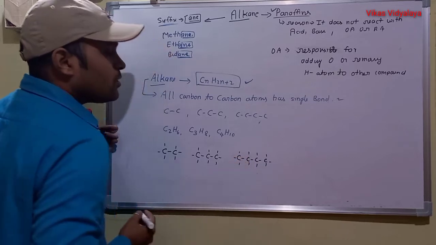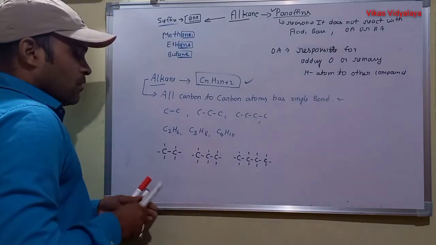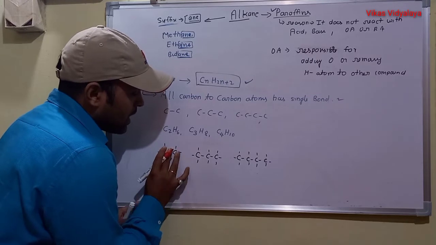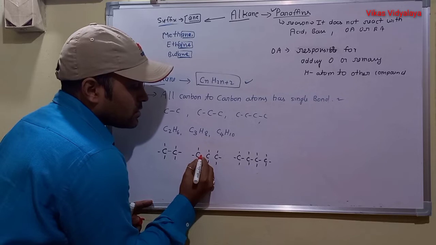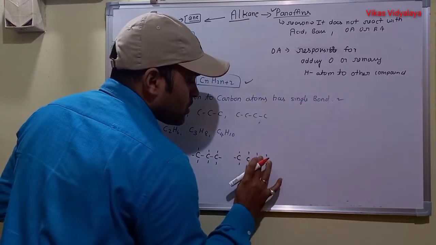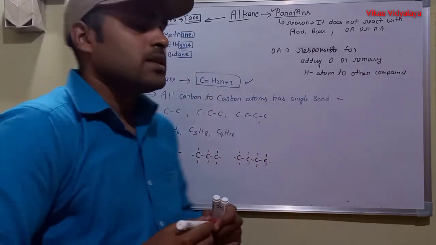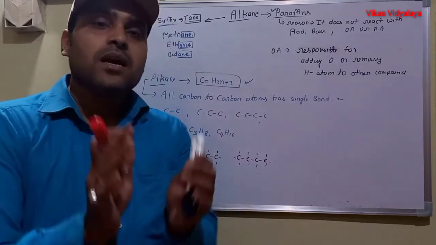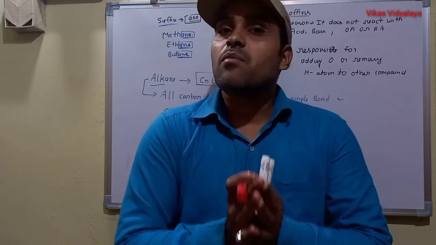I have already told you how to draw the structure of these compounds. What do we have to see here? That these 2 carbon atoms have a single bond. Here also a single bond, here there is also a single bond. So what we have to concentrate on here is that all the carbon atoms have single bonds, which means in alkane, between two carbon atoms there is a single bond only.